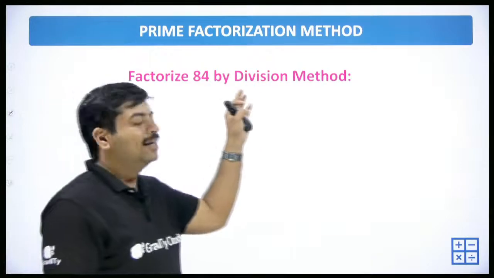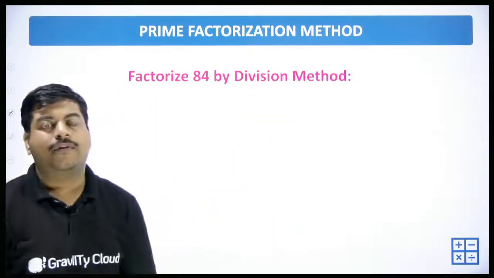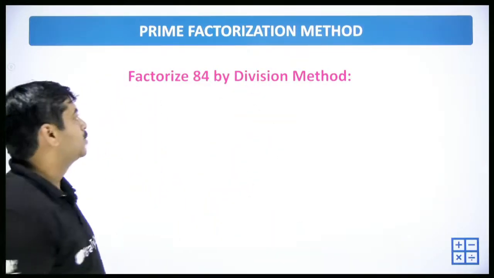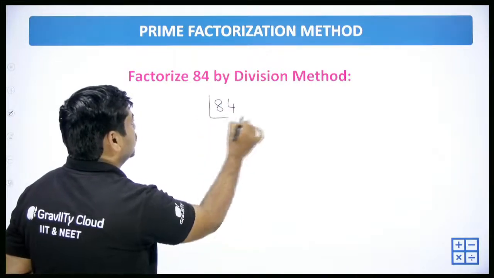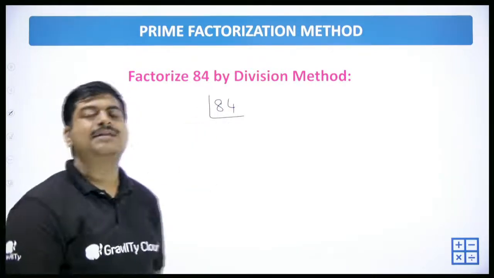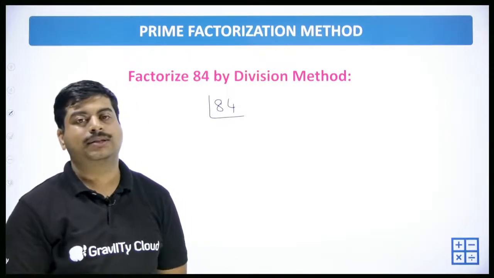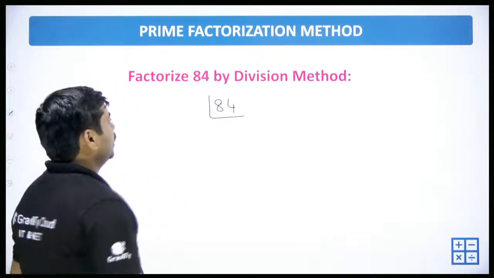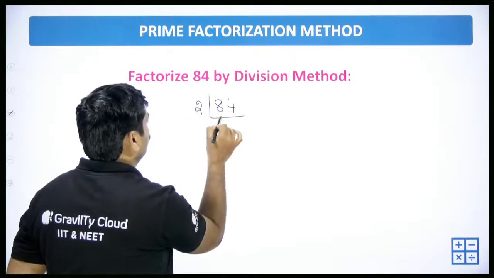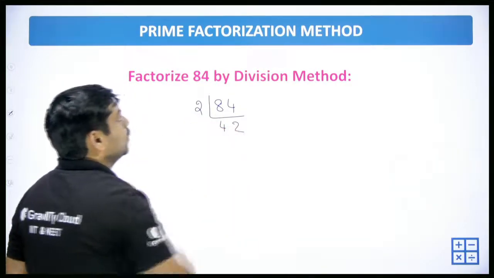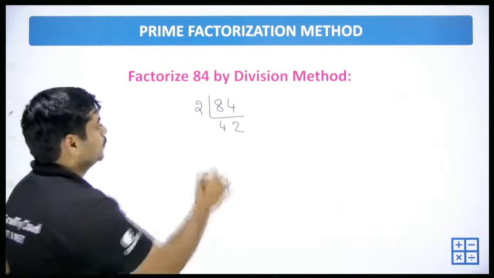Factorize 84 by division method. So 84, let us try to divide that. With which number? Let us start with the prime numbers. Number 2. By division method, 2 into 42. 2 into 42.